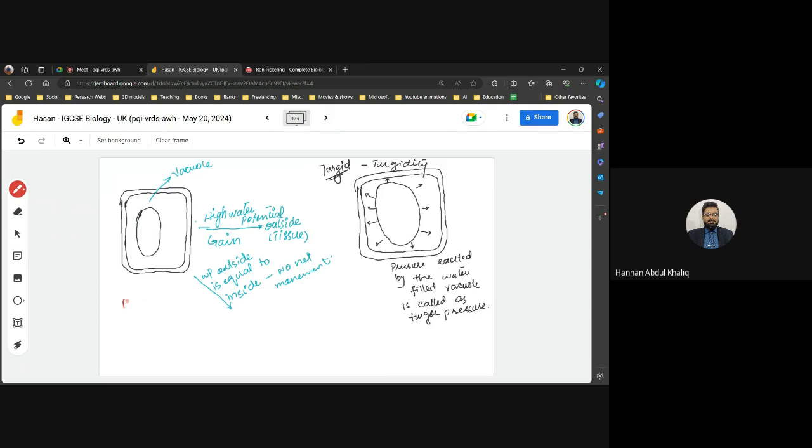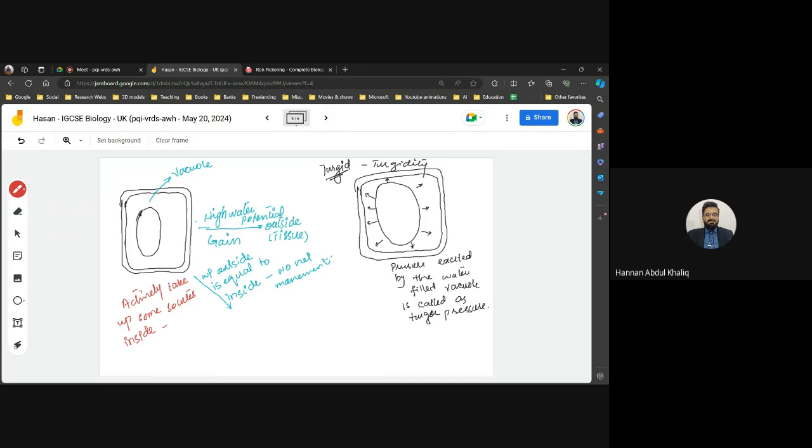It would actively take up some solutes inside. The plant would actively take up solutes inside.